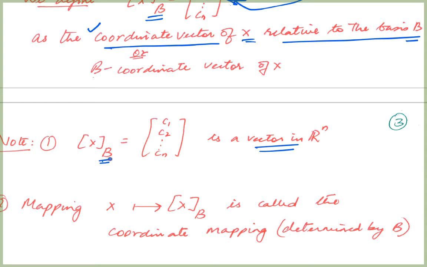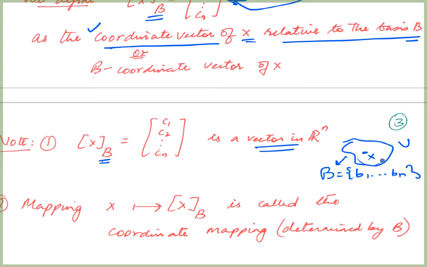So every coordinate vector relative to a basis set will be an element of Rn, and that space will have the dimension depending upon how many vectors are present in the basis set. And notice what we have got. Suppose this was my vector space V, and x is any element. And then I have a basis set, this B, which basically spans the whole vector space.